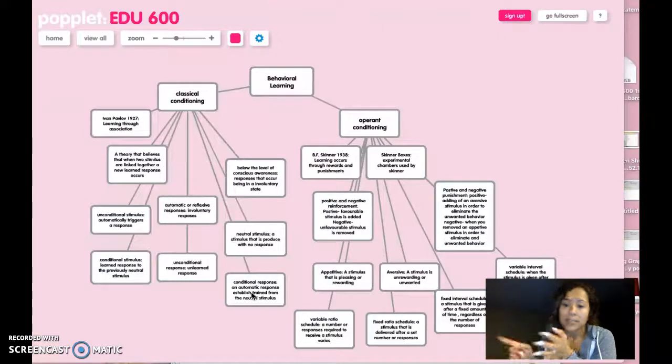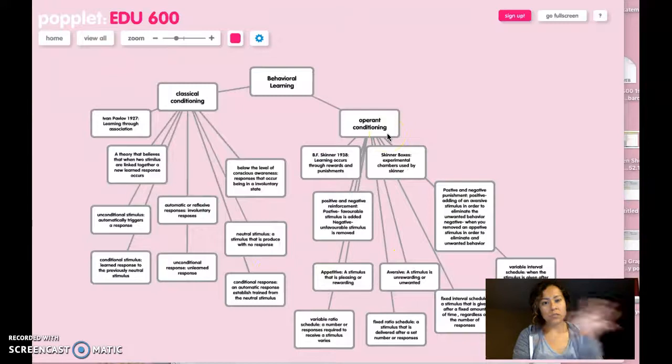They did not see any meat, but they knew that whenever the bell was rung, the meat would follow. That's what classical conditioning is all about, learning through association. The dogs learned that by the ringing of the bell, the meat will come out. So yes, and then I'm going to go over to operant conditioning, which is on this side.